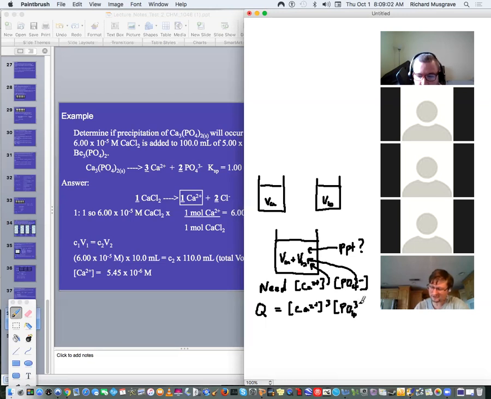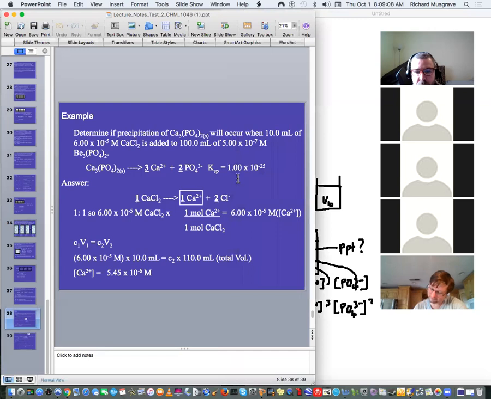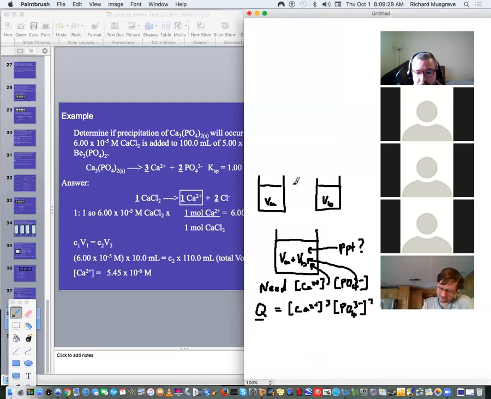So once we know those concentration values, we can get a Q value, which we can compare to a K value that we're also given. All right, that's the whole point. Now, if this Q value comes out to be less than Ksp, no precipitate. If it comes out to be more, then yes, these conditions will form precipitate. That's it. It's really not that complicated.